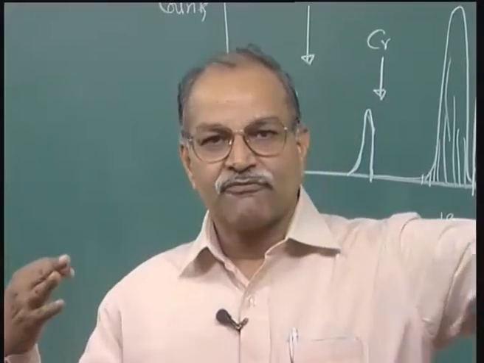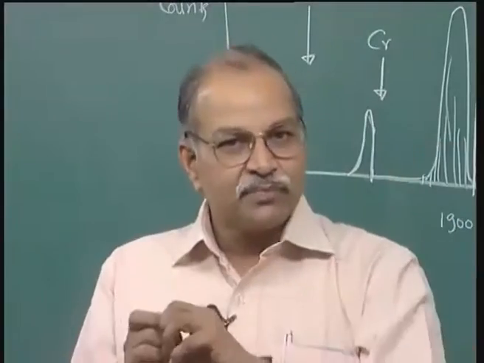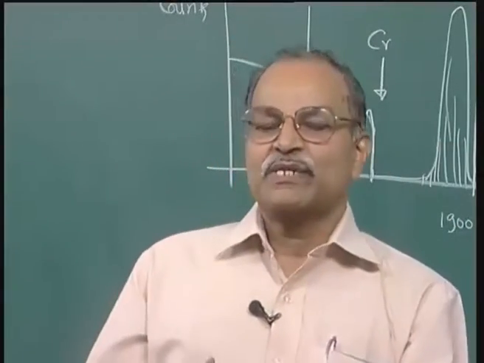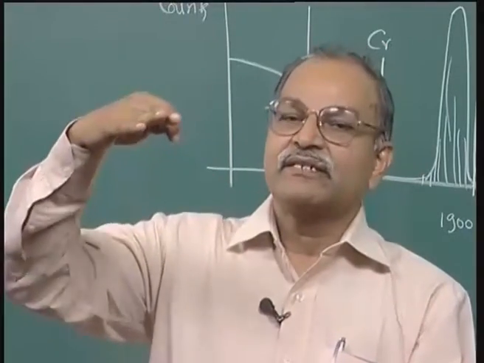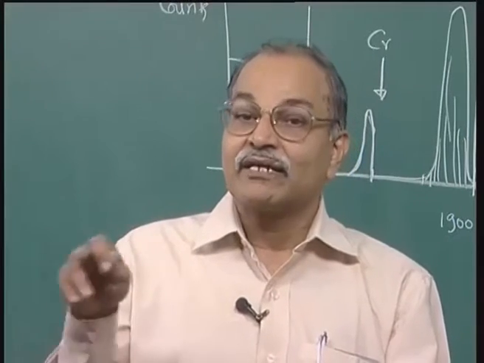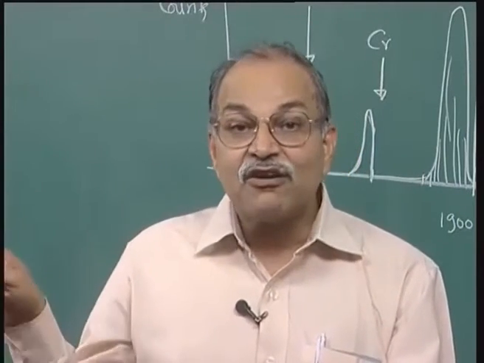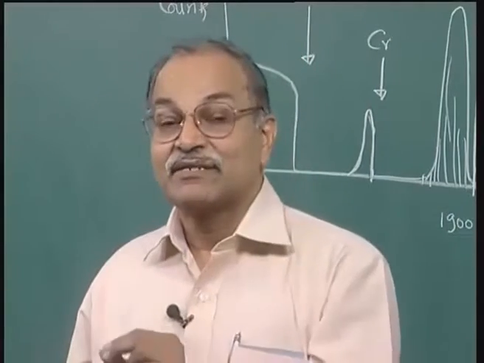When this neutron falls on this impurity nucleus and it gets absorbed into it, then a new isotope is created, and that will be in general at an excited state, and it will decay by emitting a gamma ray, and the energy of that gamma ray will be characteristic of that particular element.